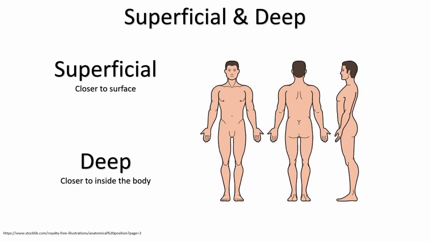And since your bones are more towards the inside of the body, they will be deep compared to the skin. Another example of this could be your heart and your ribs. Since your heart is an organ, it's more internal in your body, so it is deep compared to your ribs. And since your ribs are closer to the surface of the outside of your body, your ribs are superficial to your heart.